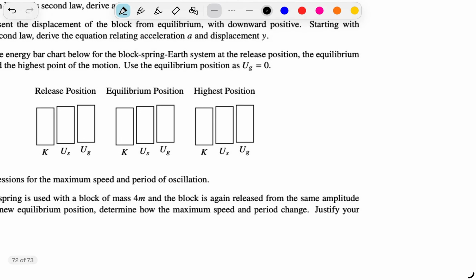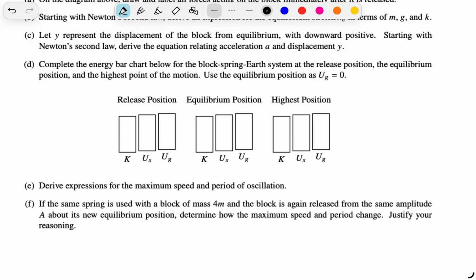Now for the energy bar chart, we have the system of these 3. So, EQM, UG equal to 0, displacement y is from the equilibrium.